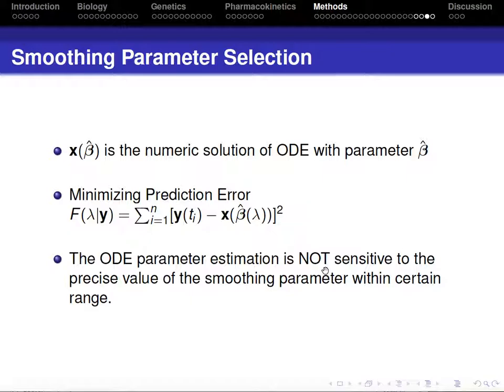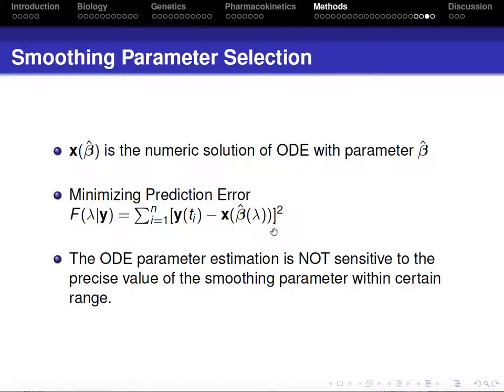We know that for each given smoothing parameter lambda, we can get the estimation for the ODE parameter beta hat. In other words, beta hat is one implicit function of lambda as well, right? Therefore, I propose to estimate this lambda by comparing the numerical solution of the ODE with the estimated parameters to the data.